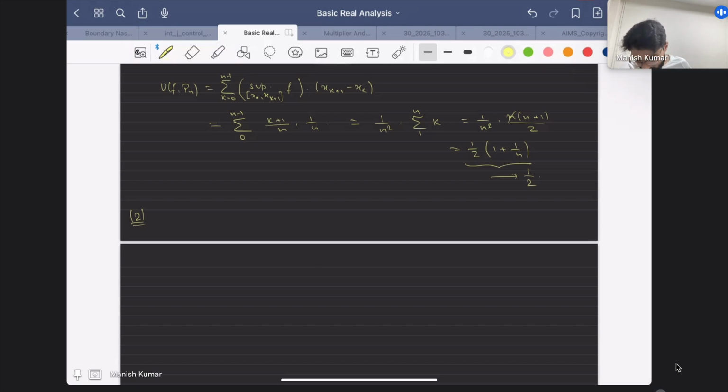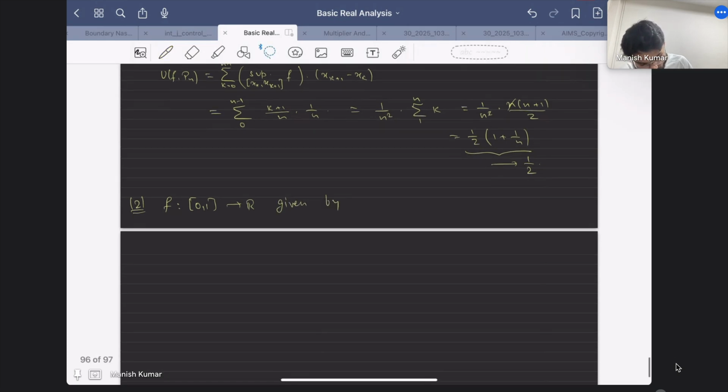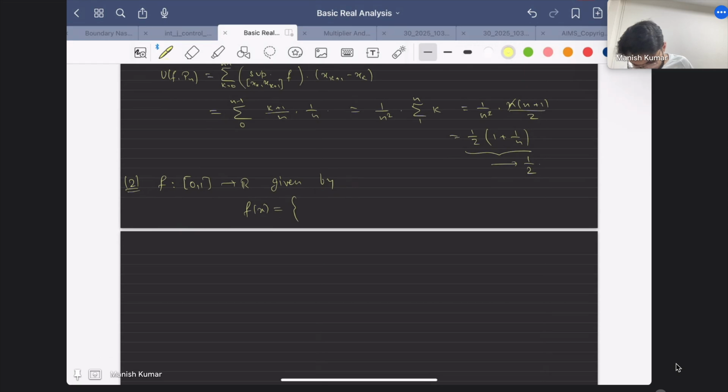Okay, so let's go to the next one. We'll again consider this Thomae function. f from 0 1 to R given by f of x equal to 0 if x belongs to 0 1 intersection Q complement, and you take 0 as well in this, and then 1 by q if x is equal to p by q, where gcd of p and q is 1, and p, q belong to the natural numbers.